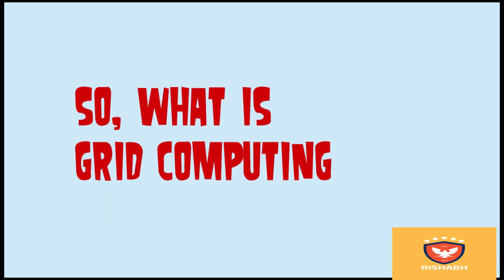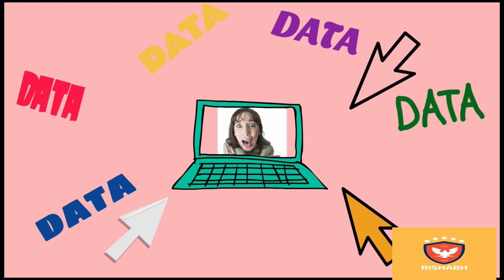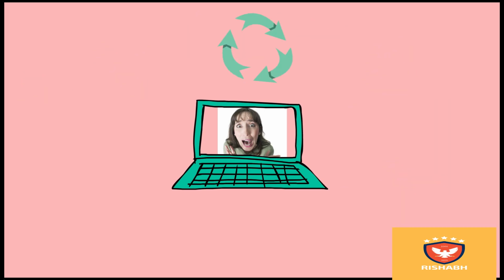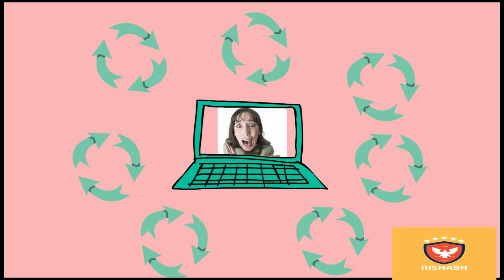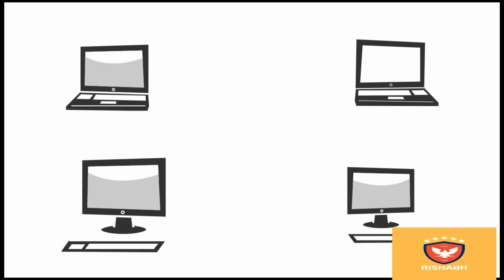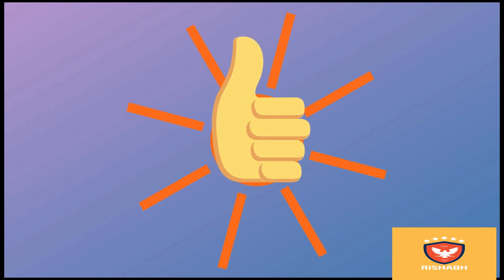So what is grid computing? To execute a complex task, a lot of data has to be processed. If a single processor is made to do all of this processing, something like this might happen. A simple solution is to bring together different processors and make them process independent tasks simultaneously and connect the results over a network to get the complex result.